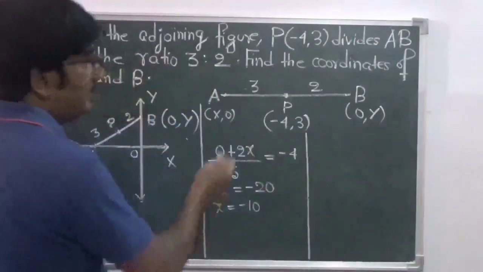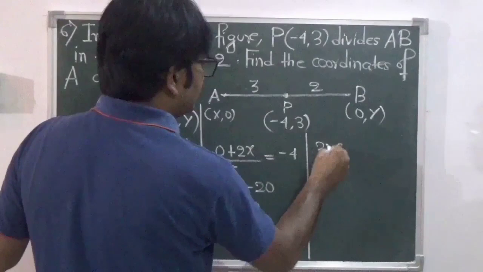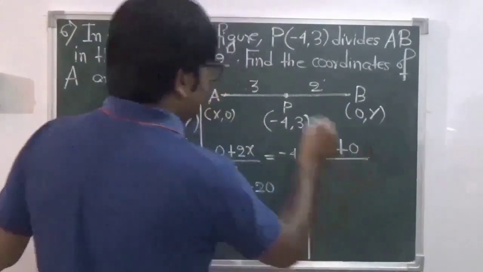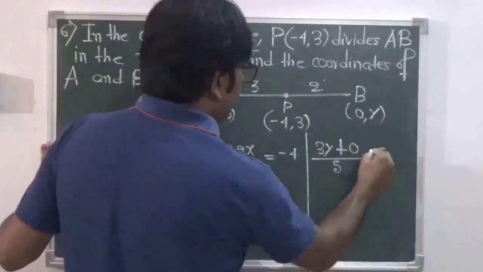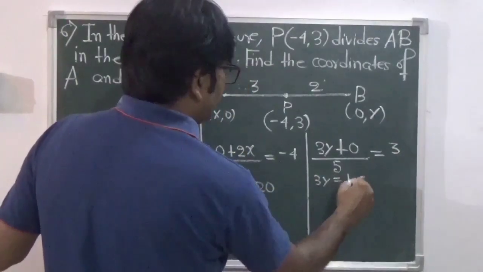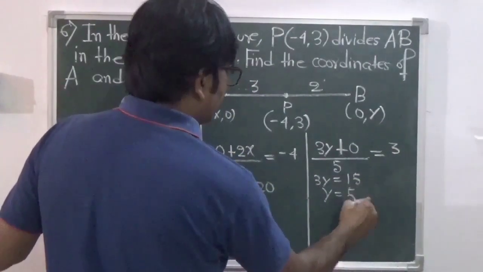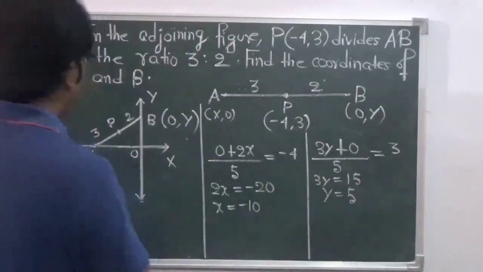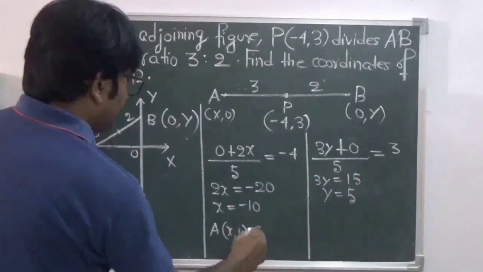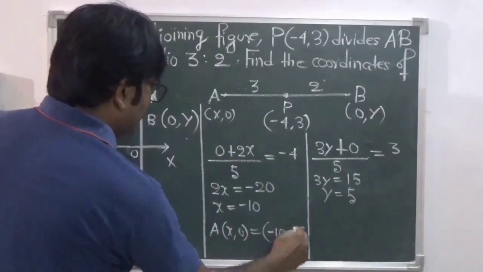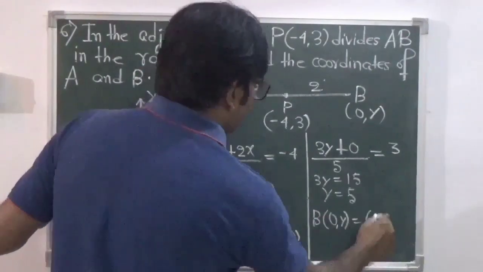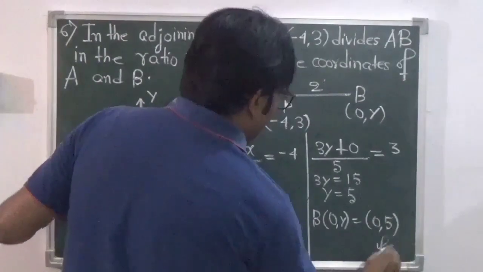Similarly, 3 into y plus 2 into 0, that is 0, divided by 3 plus 2, 5, equals 3. So 3y equals 15, or y equals 5. Hence the coordinates of the points: A (x, 0) equals (-10, 0), and B (0, y) equals (0, 5).